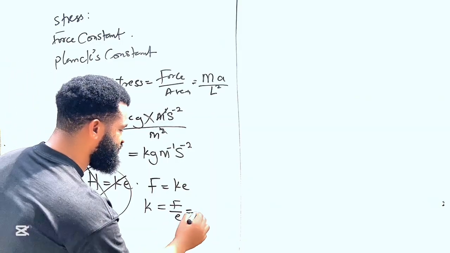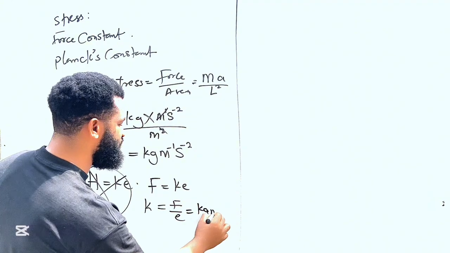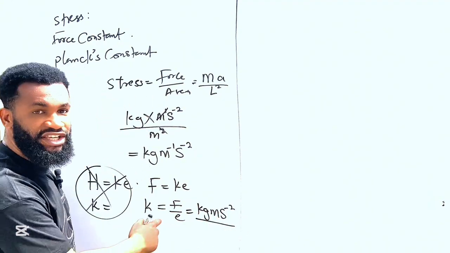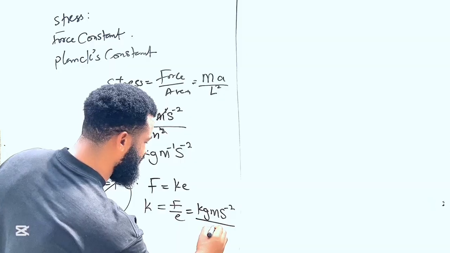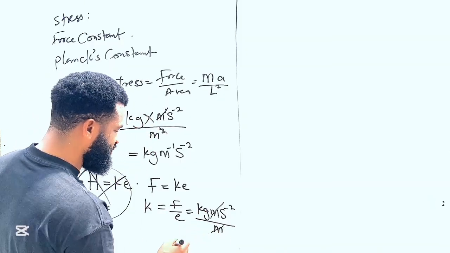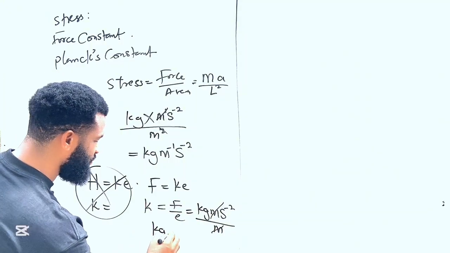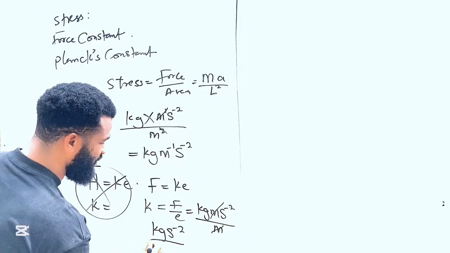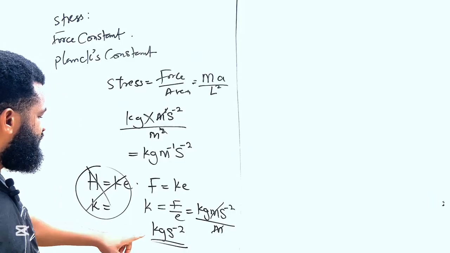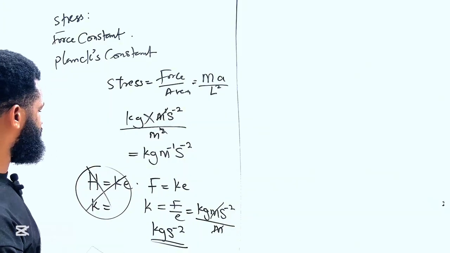F is still the force, and the SI unit of force is kilogram meter per second squared, all over E. E is measured in length, which is m, right? So we cancel this. So the force constant is given as kilogram per second squared. All right, so this is the SI unit of force constant.